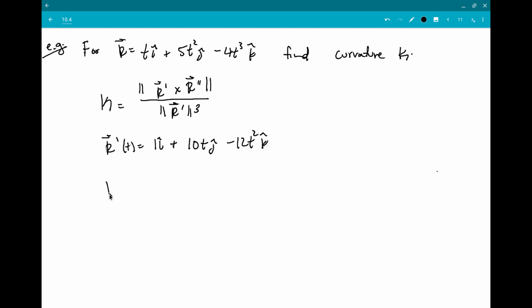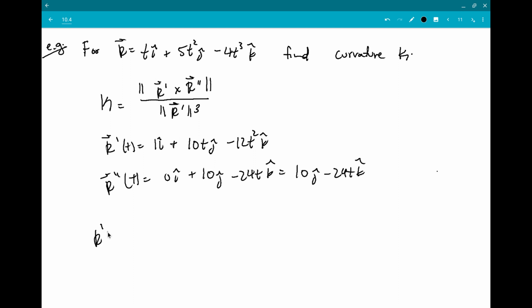And r double prime, I'm going to go a bit faster this time, is going to be 0 i hat plus 10 j hat minus 24t k hat. That's just 10 j hat minus 24t k hat if I prefer to drop off the 0. Now I'm going to have to compute r prime cross r double prime, so I'll go ahead and do that.